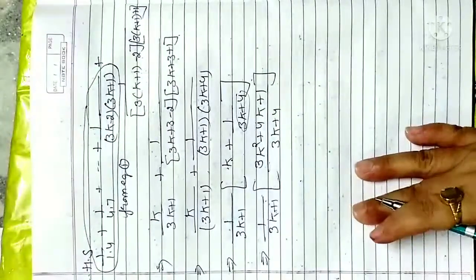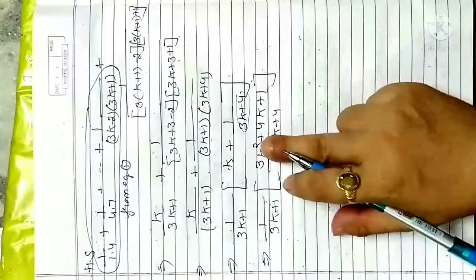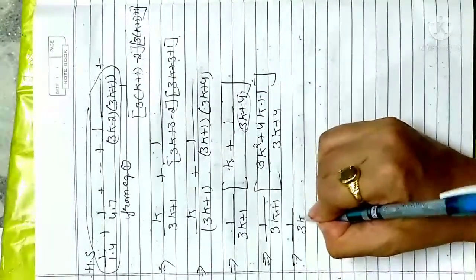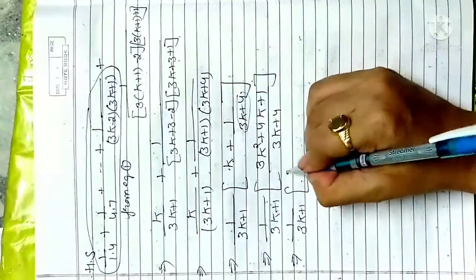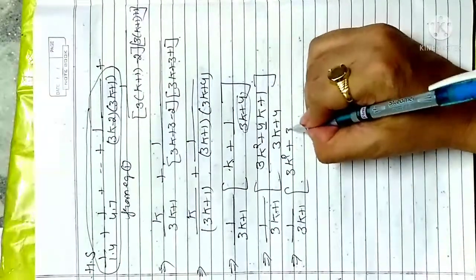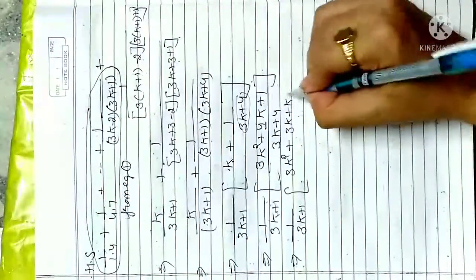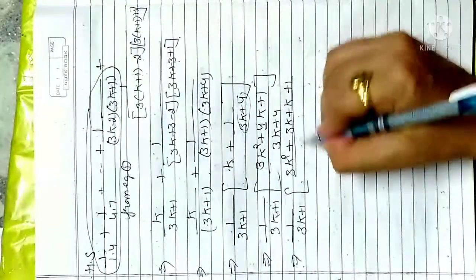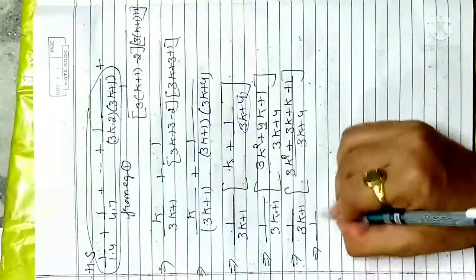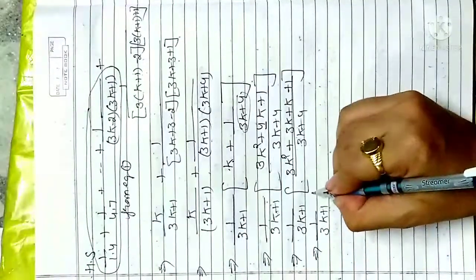Now I split the upper expression into two factors. So 1 by 3k plus 1, that is 3k square plus, when I separate this 4 into two parts, that is 3k plus k, and plus 1, according to the middle term split method. Now I separate the terms to make the factor 3k plus 1.